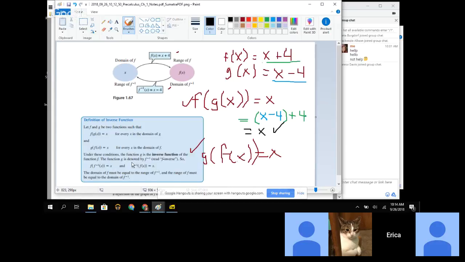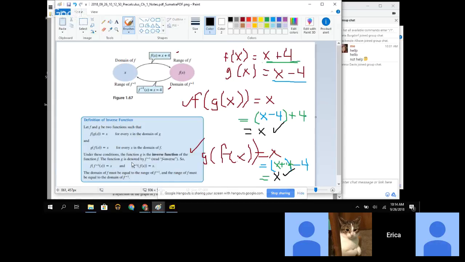So that's true. And then g of f of x is g, which is x minus 4, and instead we plug in f, which is x plus 4. We end up with x plus 4 minus 4, which is just x. So then we know these are inverse functions.